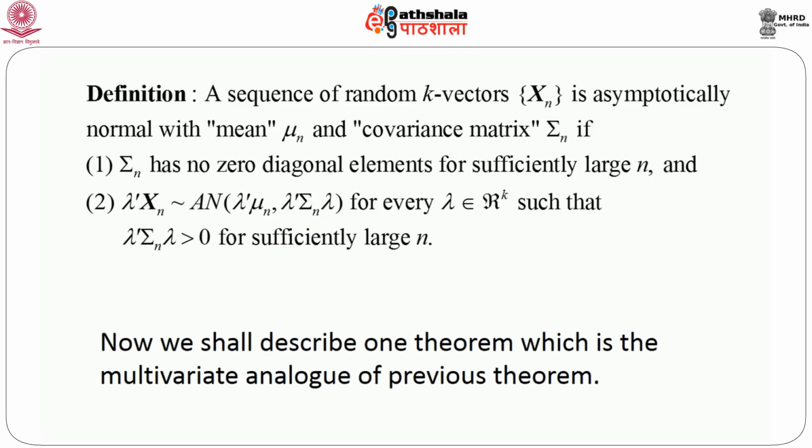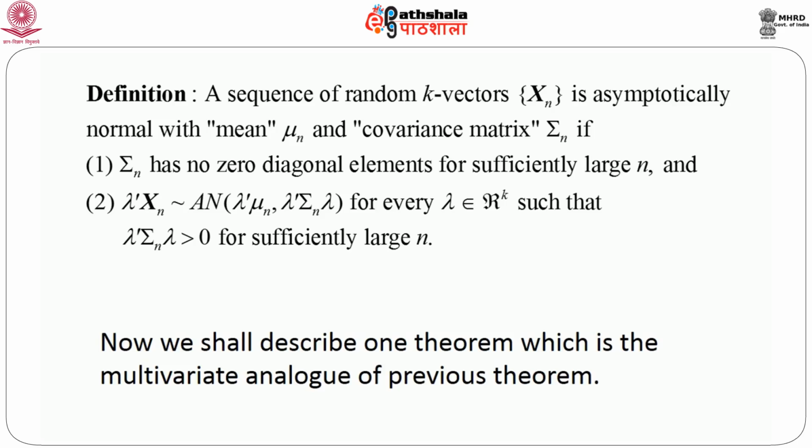Let us first define that a sequence of random vectors of dimension k, Xn, is asymptotically normal with mean vector mu n and covariance matrix capital sigma n if sigma n has no zero diagonal elements for sufficiently large n, and lambda prime Xn follows asymptotic normal with mean lambda prime mu n and variance lambda prime sigma n lambda for every lambda belonging to Rk, such that lambda prime sigma n lambda greater than 0 for sufficiently large n.